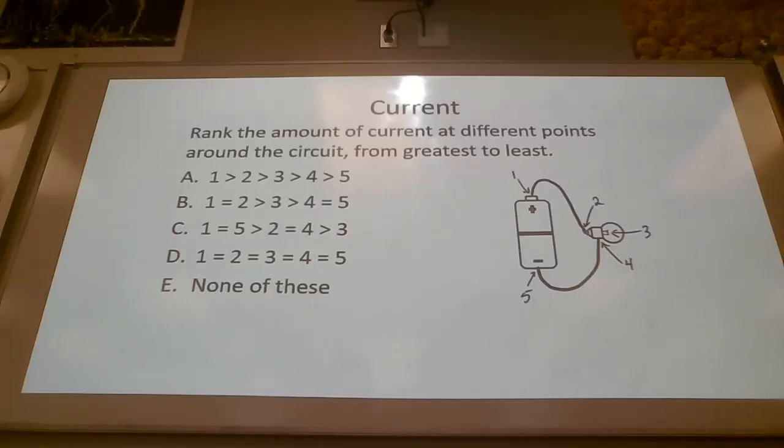In this simple circuit, rank the current at the different points.